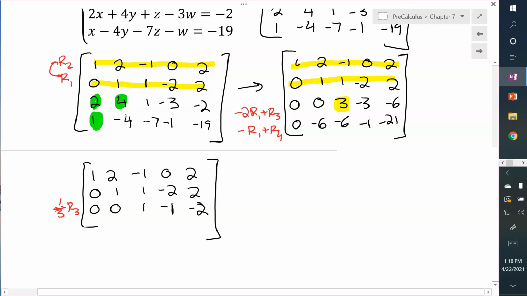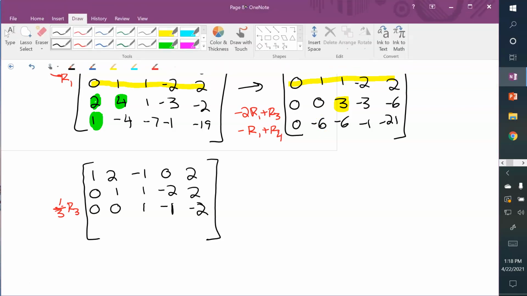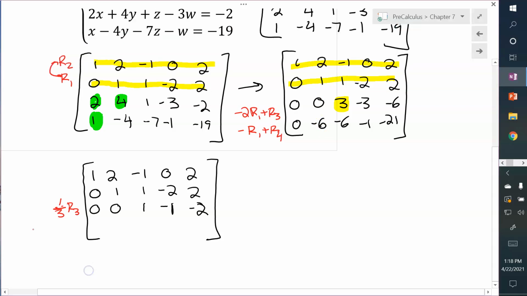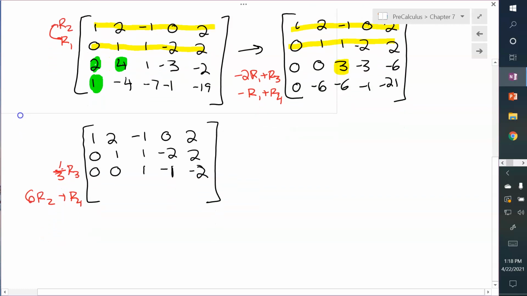So let's see what happens there. I want to fix this bracket. So if I do 6 row 2 and then I add it to row 4, I'm going to cancel out that 6.